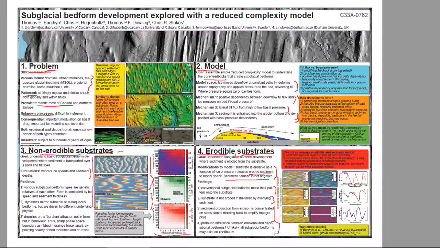A lot of the controversy, I think, in this subglacial bedform world has been revolving around whether there's this huge, profound difference between erosional and depositional bedforms. These simulations seem to suggest that they're basically part of a continuum.